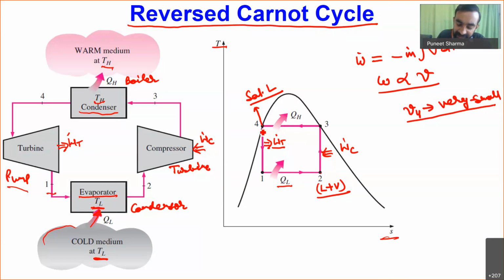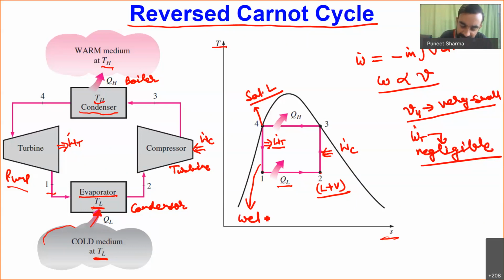So when we are expanding a substance of very small specific volume over here, whatever turbine work we will be getting during this process will be almost negligible. Another challenge we have over here, during this 4 to 1 process, is that we are operating majorly in the wet region.